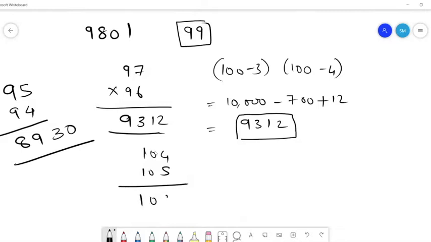For numbers above 100, 5 into 4 is 20, writing 20 at the last. Then 5 plus 4 is 9. Then 10 and 10 you are writing is a 10. This we can figure out.